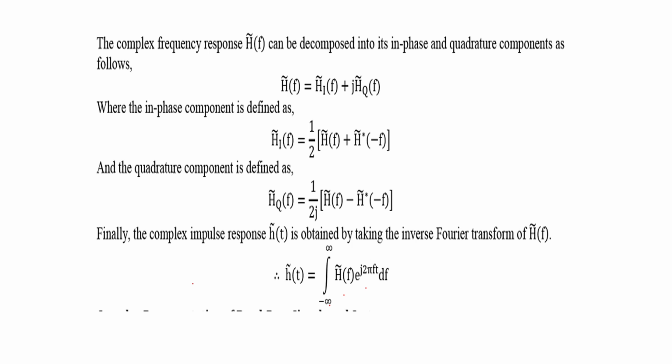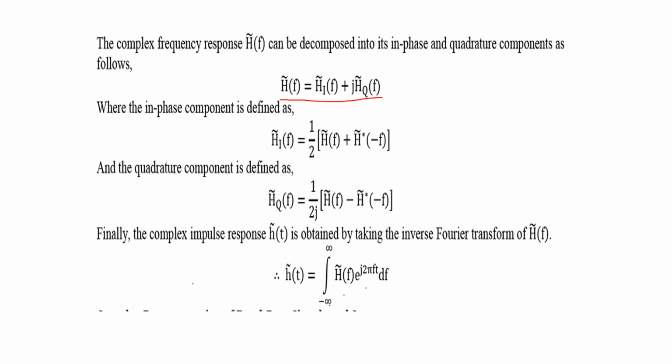The complex response h tilde of f can be decomposed into in-phase and quadrature components as h tilde of f is equal to h tilde I of f plus j h tilde Q of f. The in-phase component can be extracted as h tilde I of f equal to 1 by 2 of h of f plus h conjugate of minus f, and h tilde Q of f is equal to 1 divided by 2j into h of f minus h conjugate of minus f.